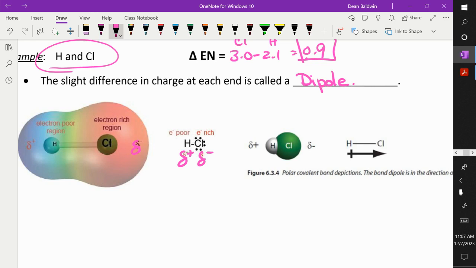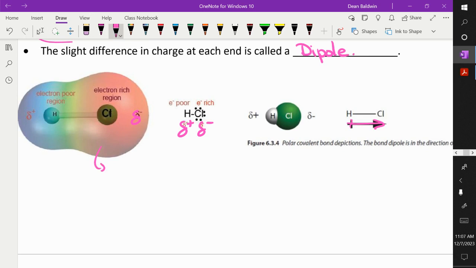And you can represent it with this sort of symbol. Plus charge, and that's the direction of the electrons. Okay? The arrow tells you where the electrons are going, essentially.